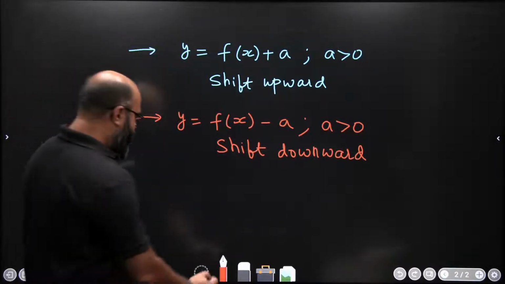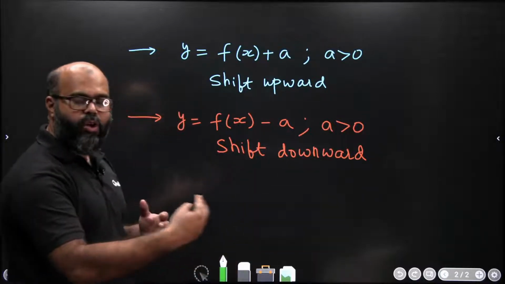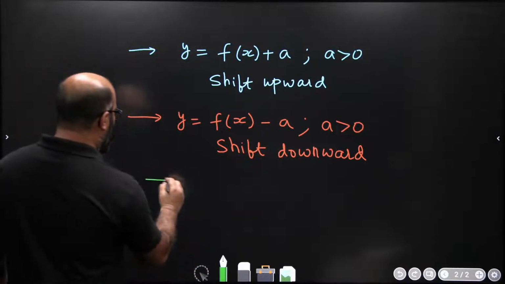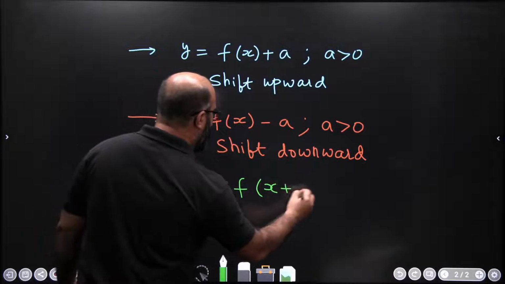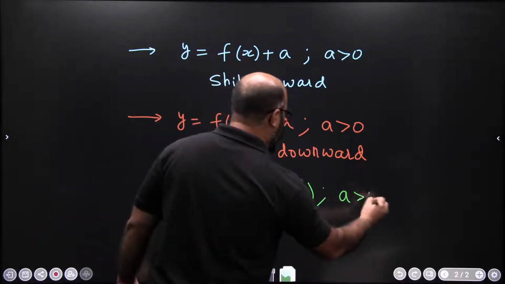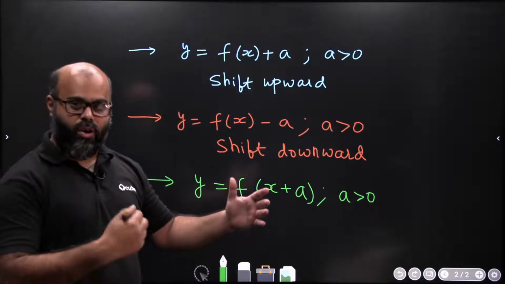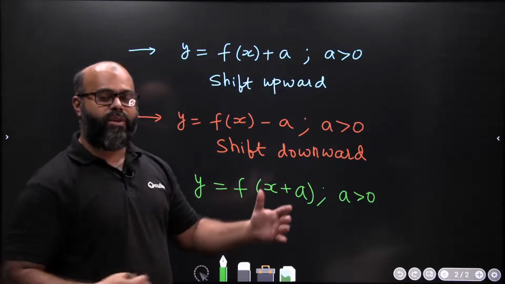Now what are some other cases we can see here? The lateral shift, either right or left, which you can call the horizontal shift. In that situation, y = f(x + a). Here again I am taking a as positive. So it will shift horizontally, right or left. Can you tell me which one?